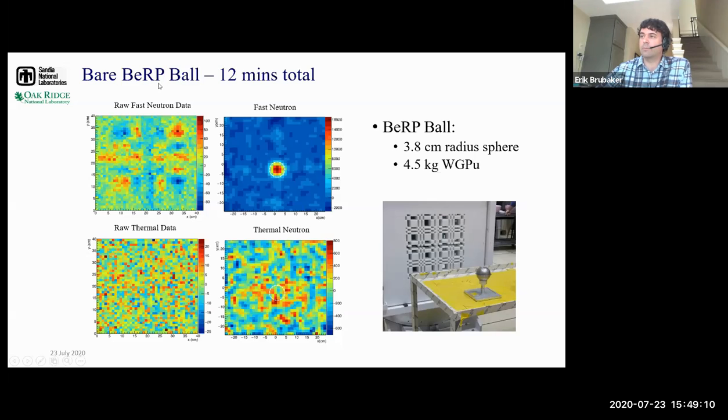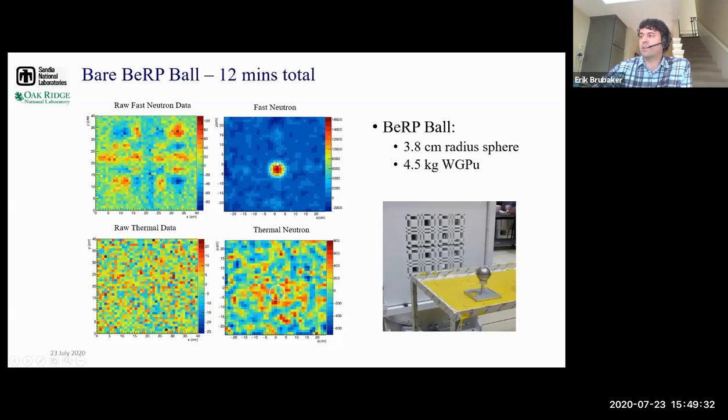Here I'm showing not only the reconstructed image on the right, but also the raw data on the left. This gives you a sense for what kind of shadow pattern we're seeing for something that's not a point source, but has some extent, and how that gets reconstructed, through the procedure I talked about before, into the image on the right.